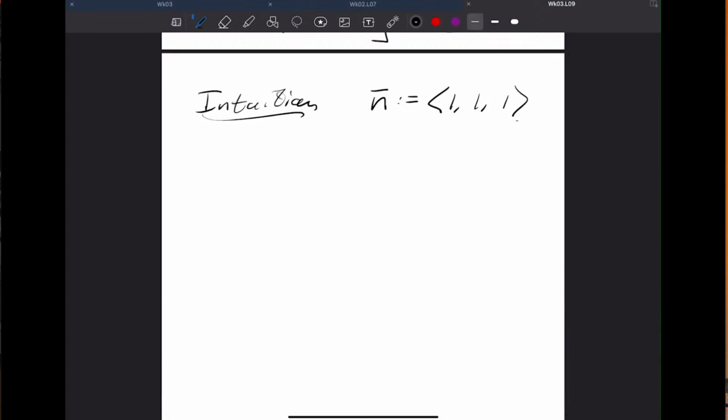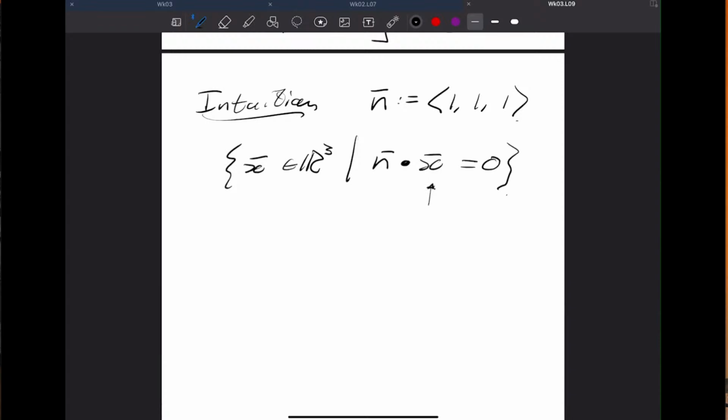And let us think about what the set of all points in R3 look like, which satisfy the following equation. N dot with x is equal to 0. So notice here this is not a full general Cartesian equation, but this is just for illustration purposes.